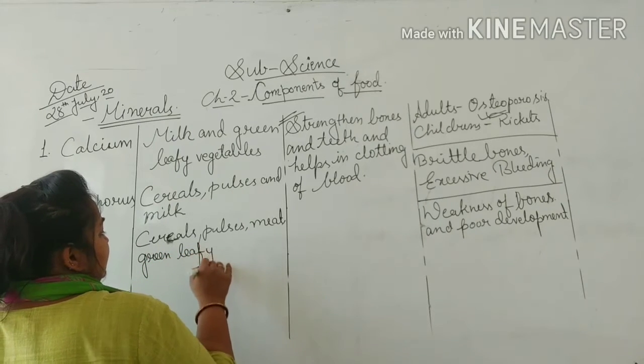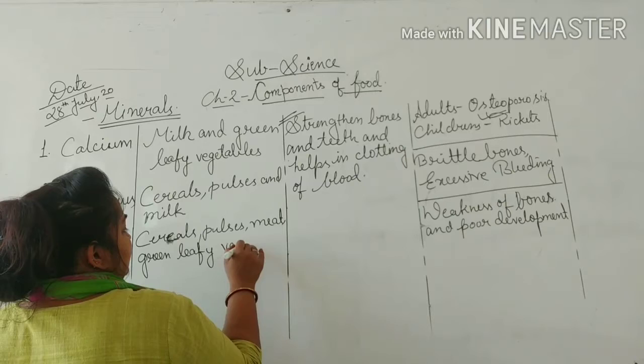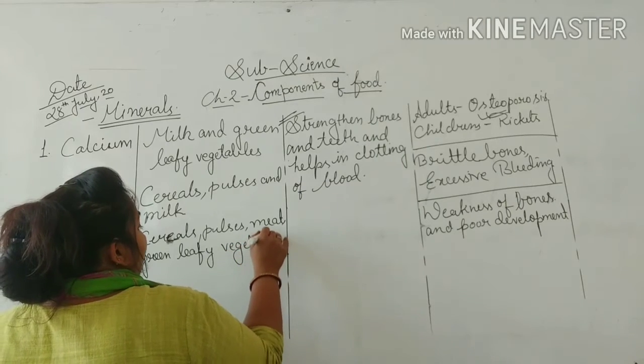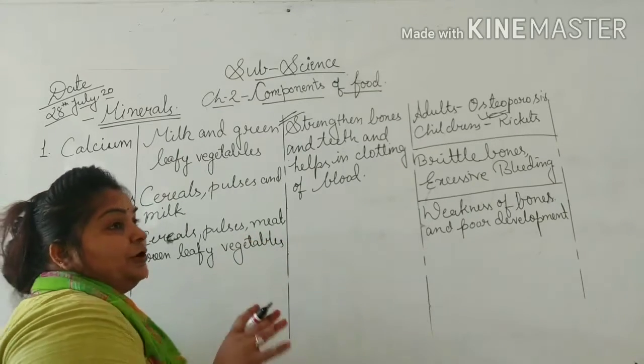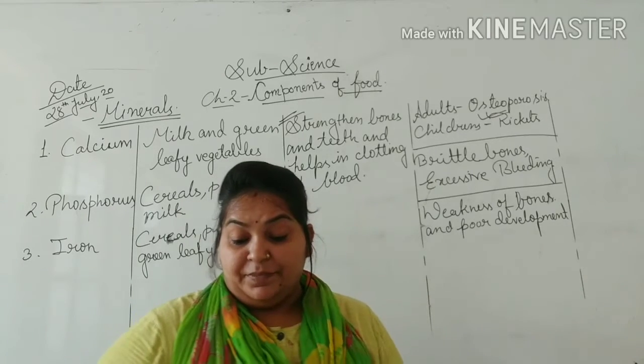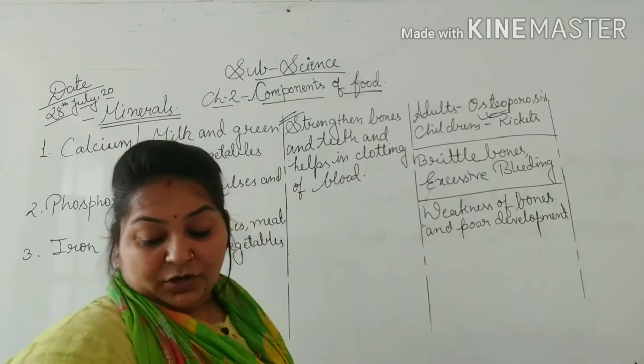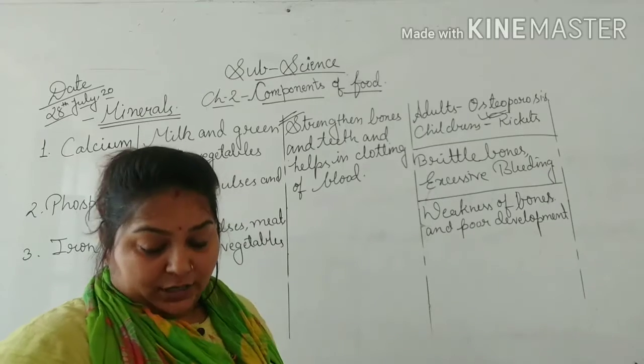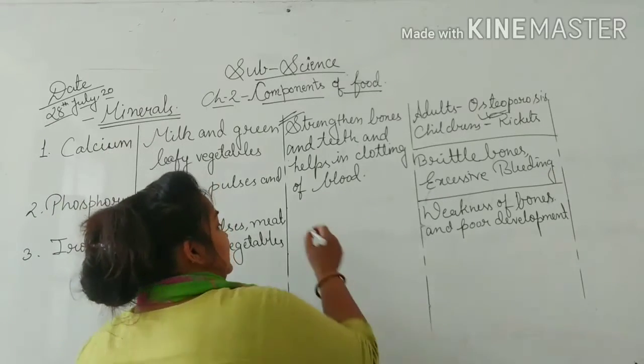So these are the sources for iron. Now what are the functions of iron? If we are taking it, what benefits are we getting in our body? It helps in the formation of hemoglobin and red blood cells.